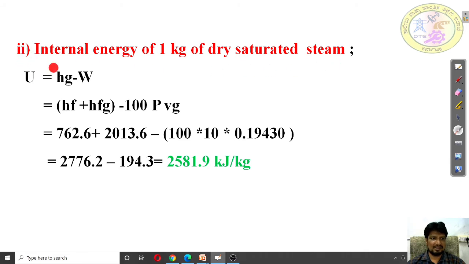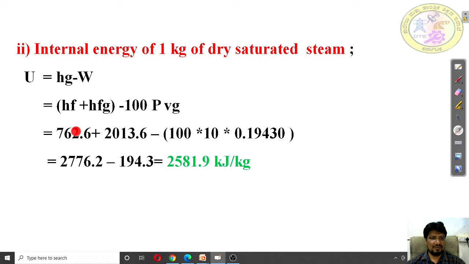Now you calculate the internal energy of 1 kg of dry saturated steam. Second condition: here we know that U, the internal energy, is equal to Hg minus W. This is the enthalpy of dry steam, HF plus HFG. W is the work done during dry steam, 100 P into Vg.